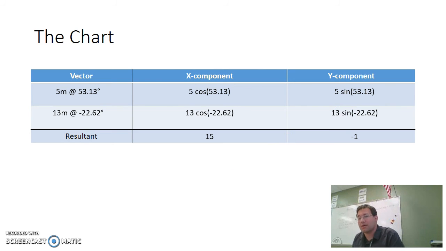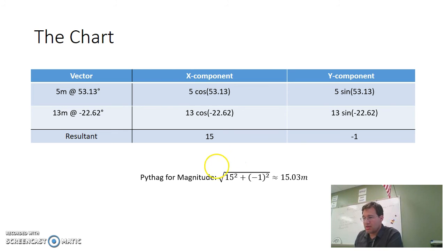We build them back up using our Pythagorean theorem and tangent inverse, otherwise known as the arctangent. For the magnitude, the Pythagorean theorem gives us the third side of that triangle, seeing as we know two sides of it. We do the square root of the squares of these two numbers summed together. So the square root of 15 squared plus negative 1 squared gives us approximately 15.03 meters.